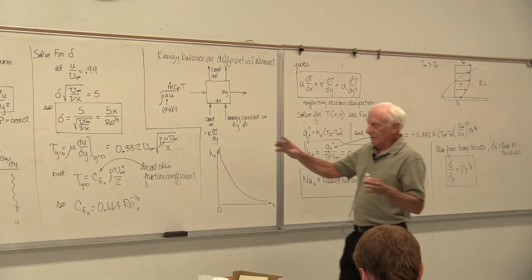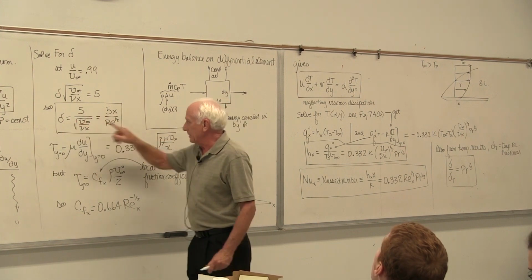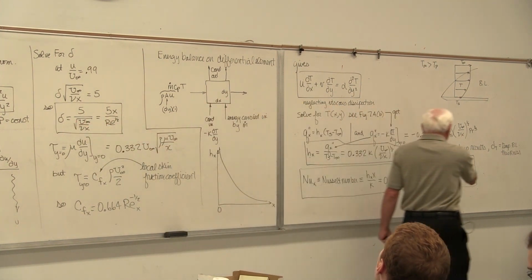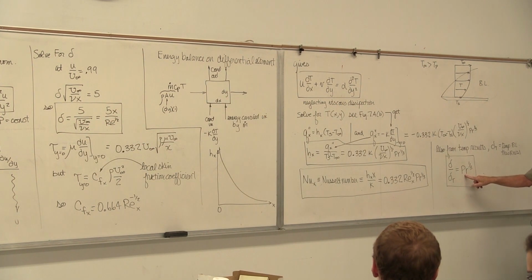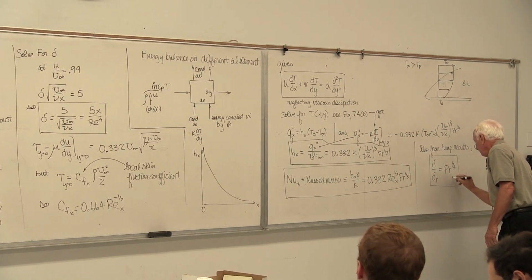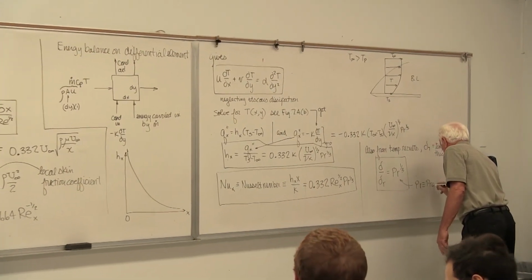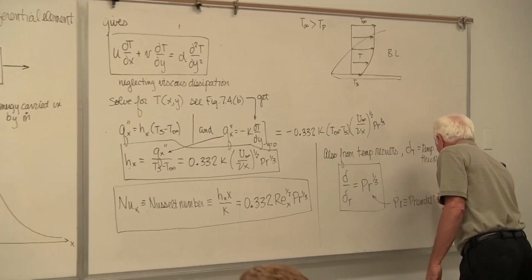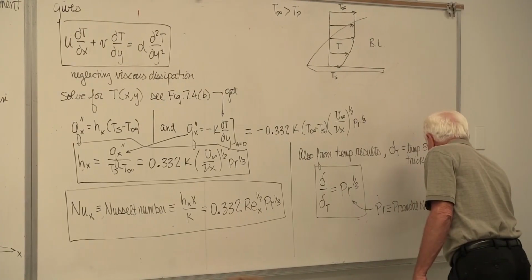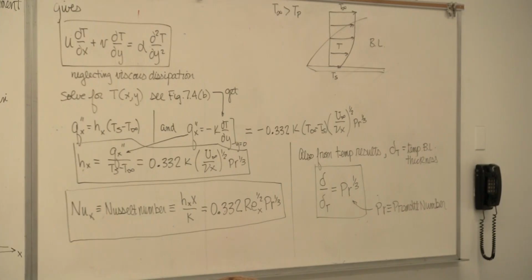Get the Reynolds number, put it in here at a particular x, calculate delta, put that delta over here, put the Prandtl number in.